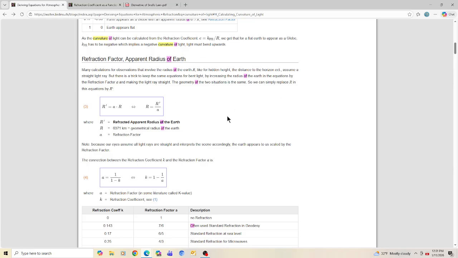Okay, this is what this program does. It assumes a radius. So, but there is a trick. Oh yeah, it's a trick to keep the same equations for bent light. By increasing the radius of the Earth in the equations by a refraction factor and making the light ray straight, the geometry of the two situations is the same, but the narrative is completely different.